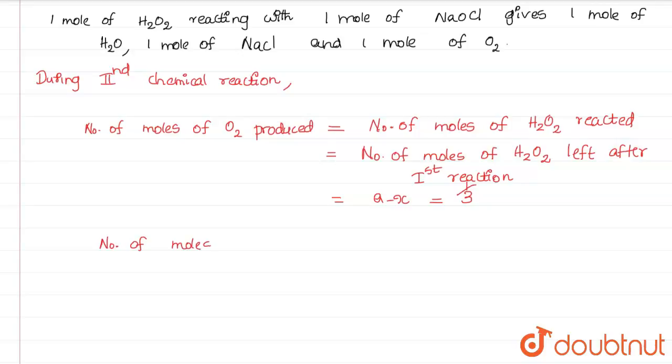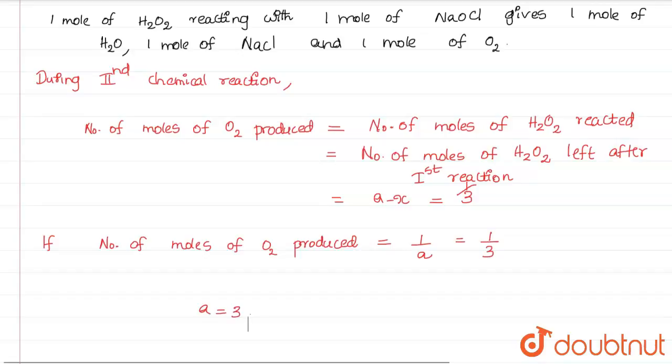Number of moles of O2 produced is equal to 1 by A. If this is equal to 1 by 3, then A is equal to 3 is the answer. Okay. So our answer is A is equal to 3.